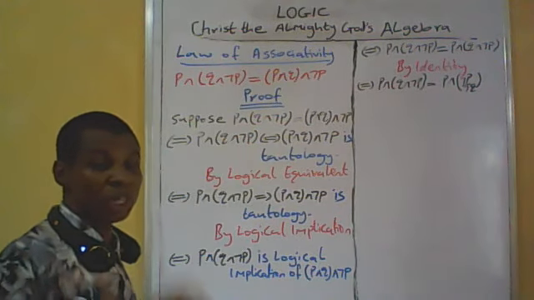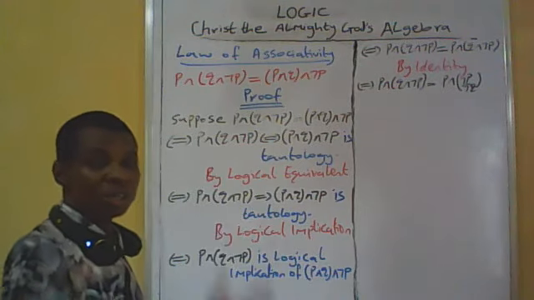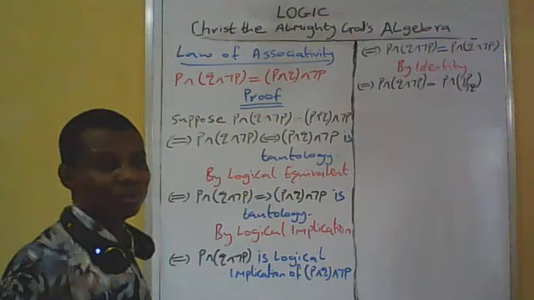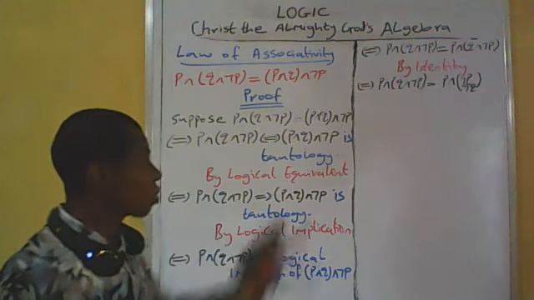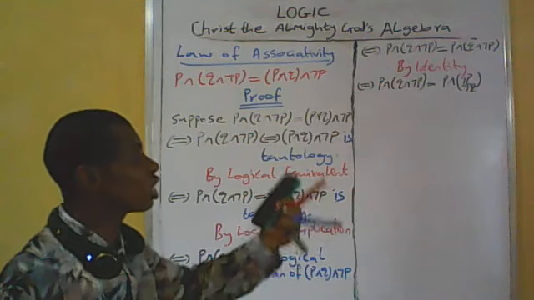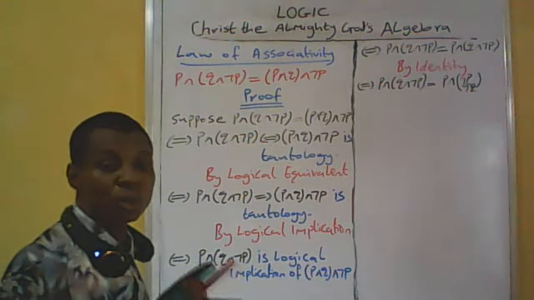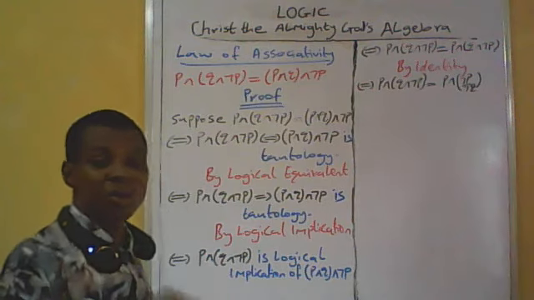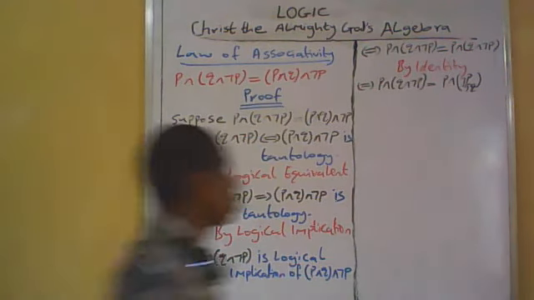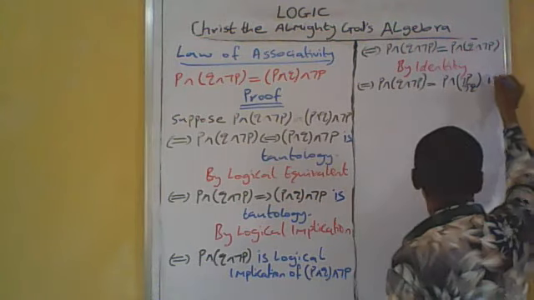That means it's an intensification of the left hand side of the equation, because the left hand side of the equation is equal to falsity. So it's a subset of the right hand side of the equation, which is equivalent to P and Q. So P and Q is a superset of falsity.